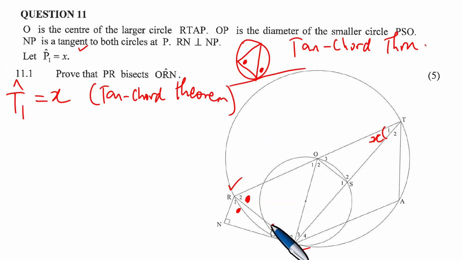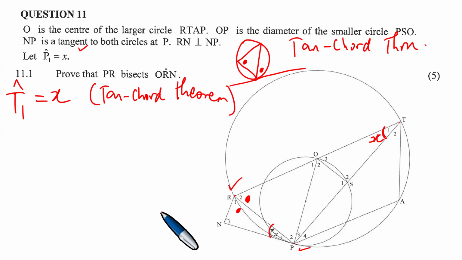So we're sure that this angle here is equal to this angle there. Tan chord theorem. And then we are most certainly in business.